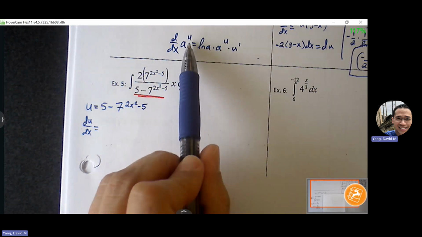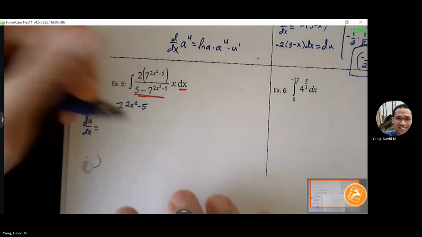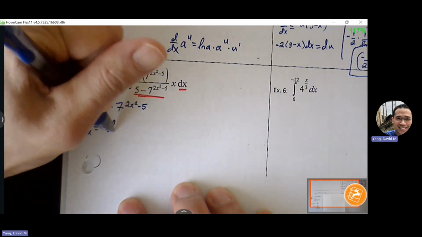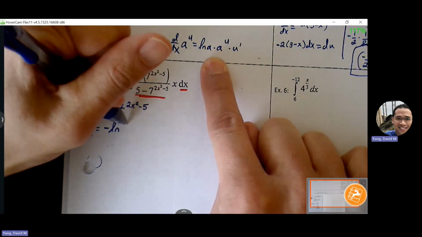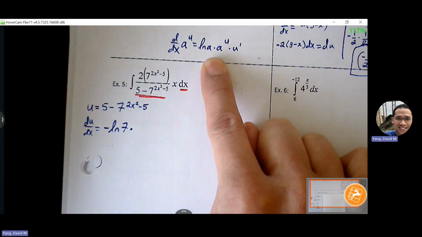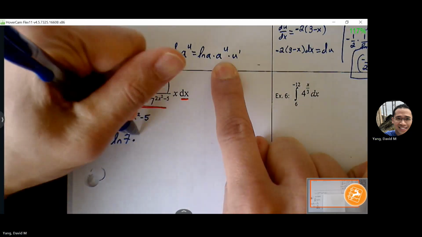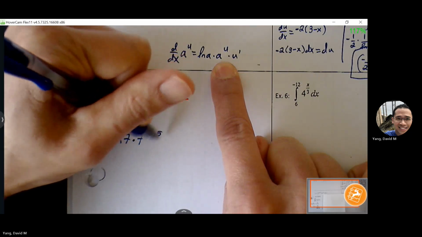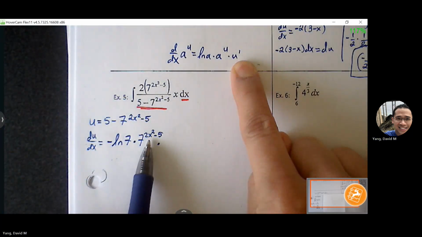It's my exponential function. So we start off with what? I'll pull the negative in front here. So negative natural log of 7 times 7 to the 2x squared minus 5 times u prime.